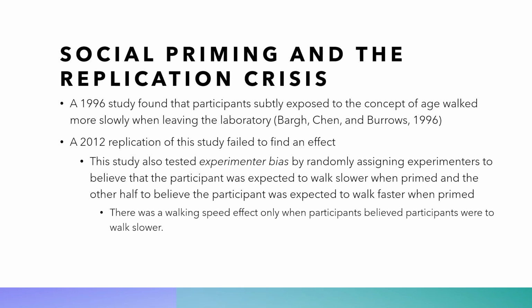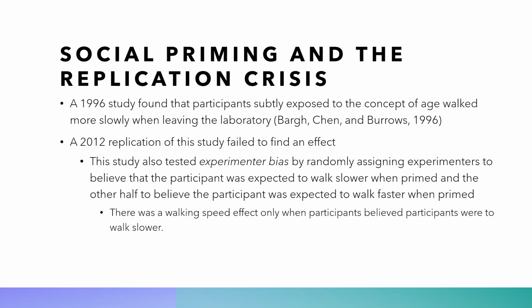And that's what they found here: experimenters, when they believed that priming the participant with age would lead to them walking slowly, actually led to the effect being found. Whereas when experimenters were told that the opposite would happen, right, that being primed with age would lead them to walk faster, there was no effect found.